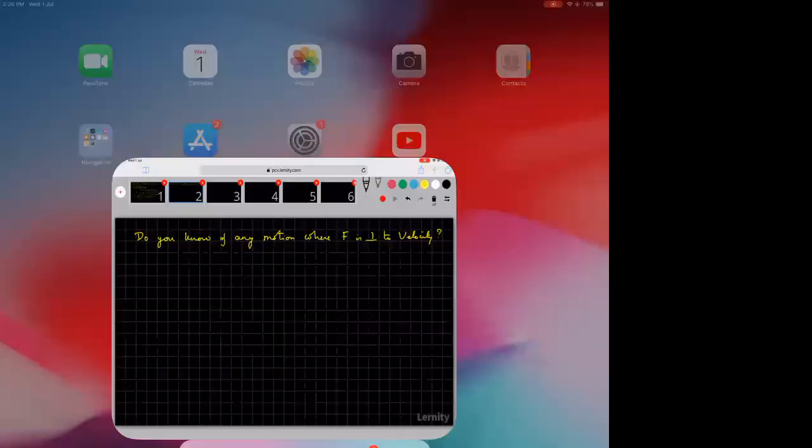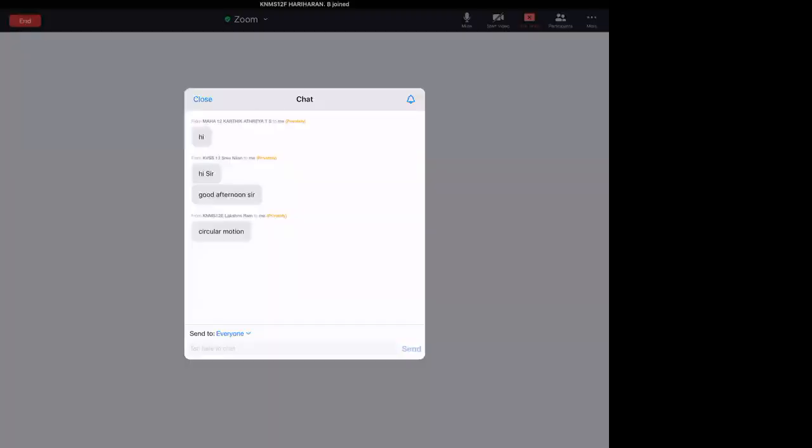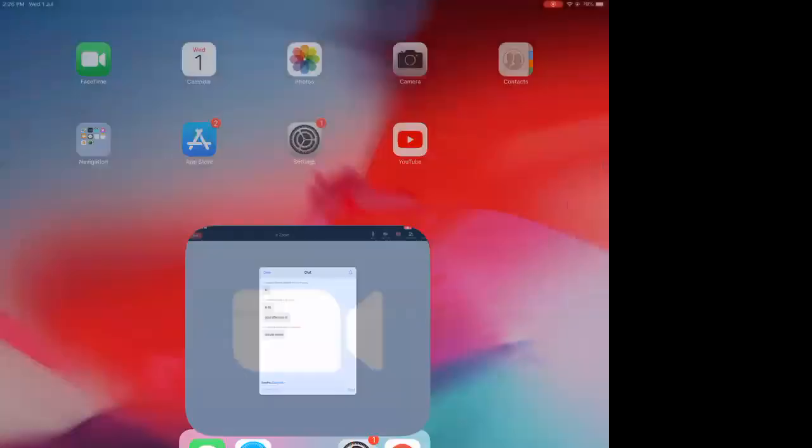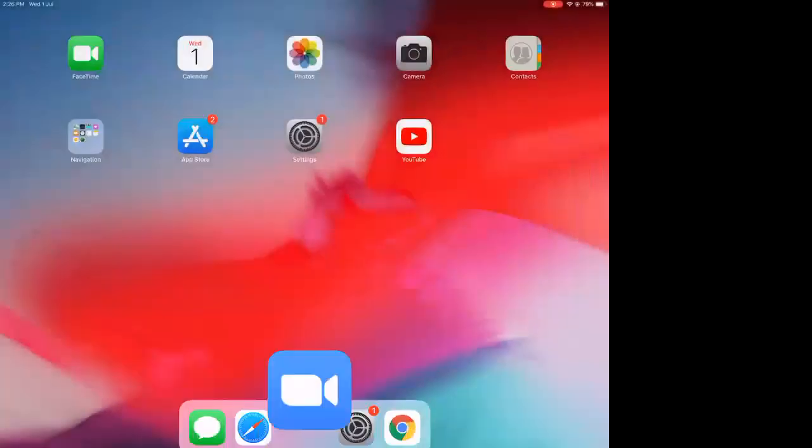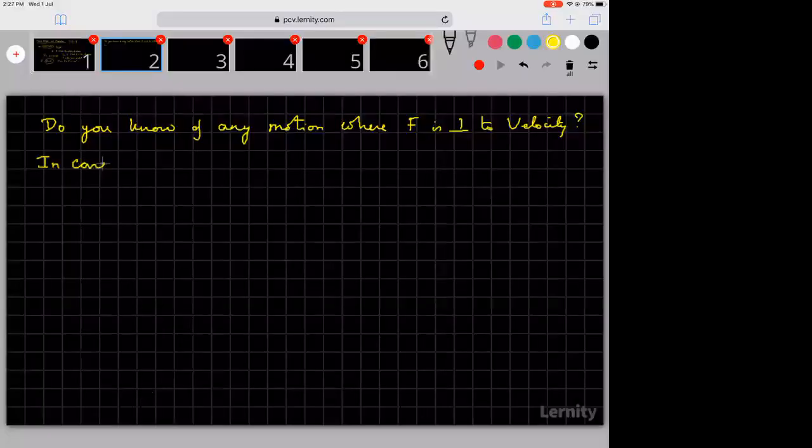So if you look back, you will see that it will work out to be circular motion. So in case of circular motion, the force and the velocity are perpendicular to each other.